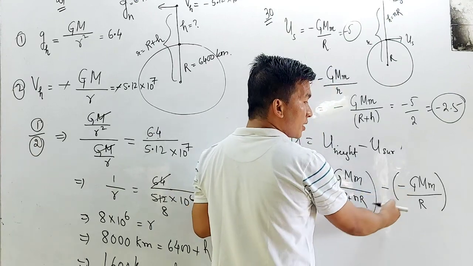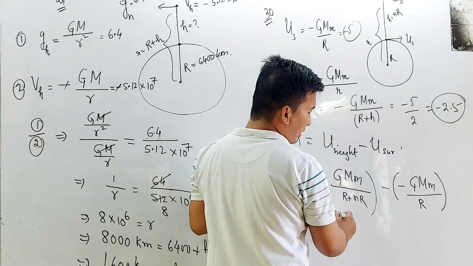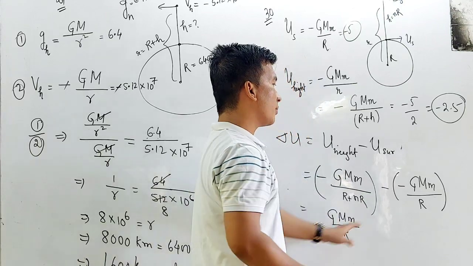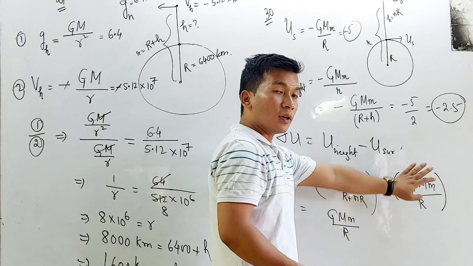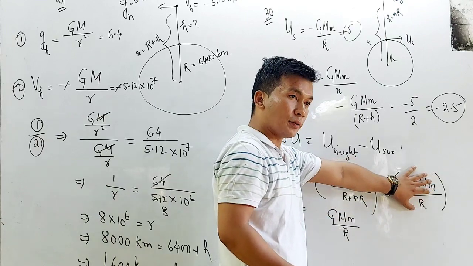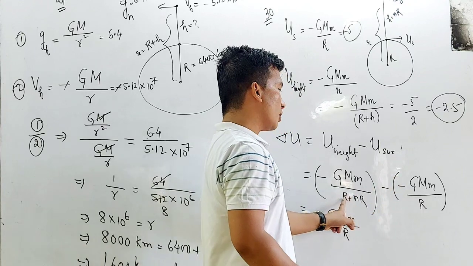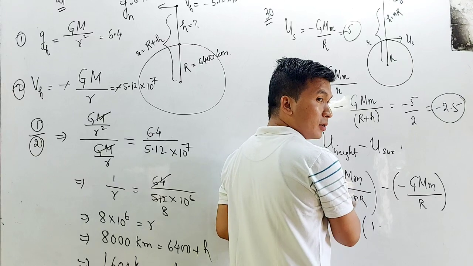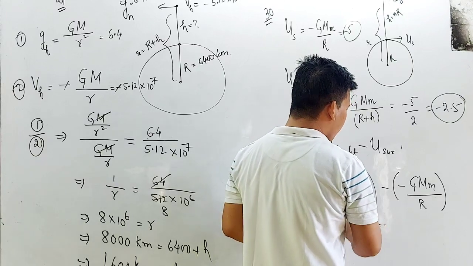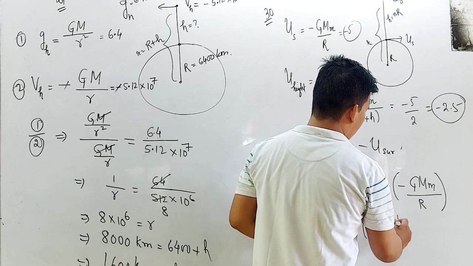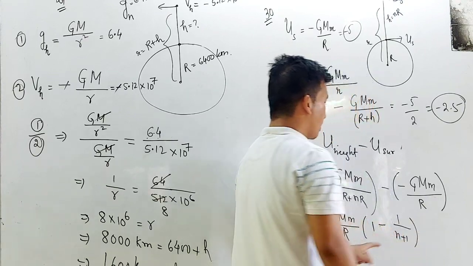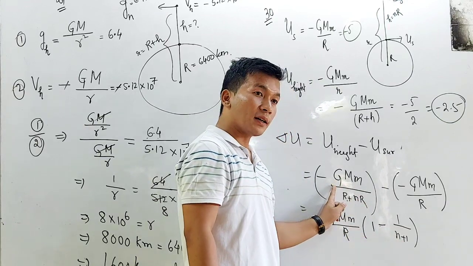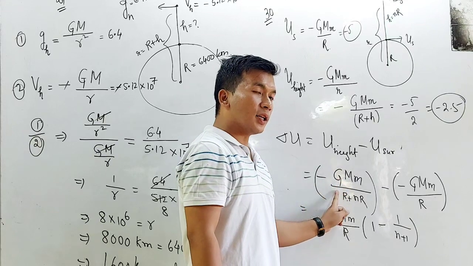Very simple. Here this will be plus. We can take capital G capital M small m divided by R common out. We consider this to be the first term, and the next term is 1 plus minus 1 by n plus 1. R is taken common with respect to the two terms, and the denominator becomes R into n plus 1.